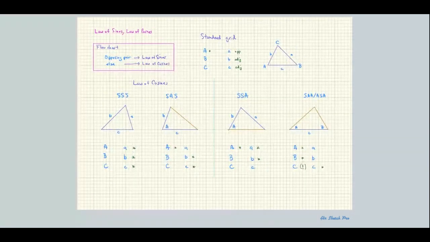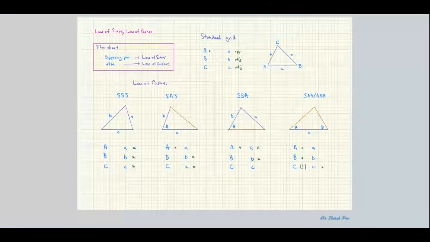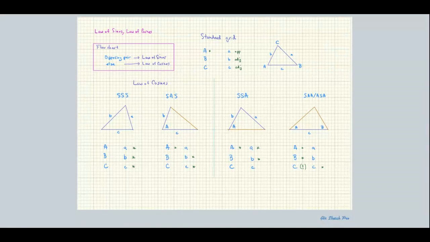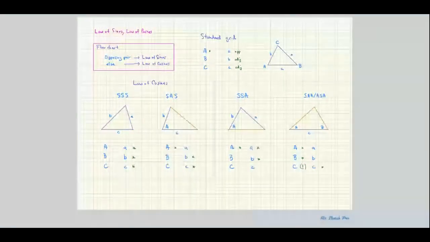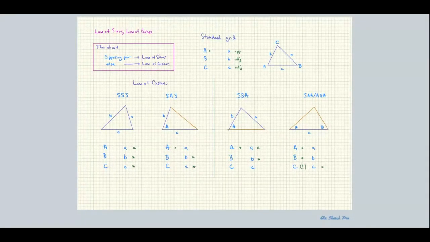Okay, now here are the 4 different types of triangles we're going to solve using law of sines and law of cosines. Now, on the ends, we either have all 3 sides and no angles.